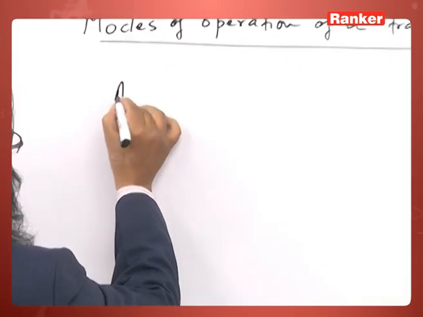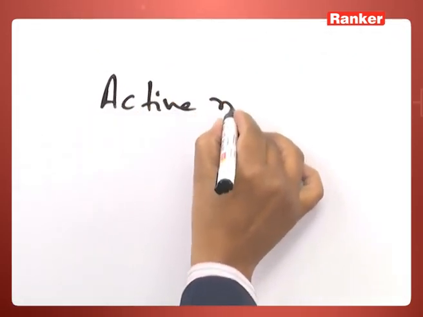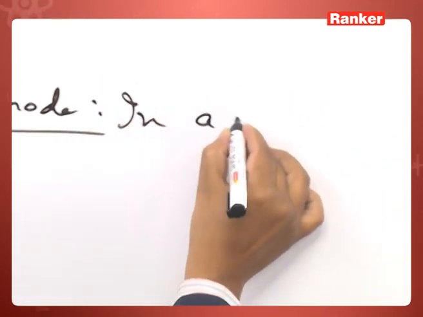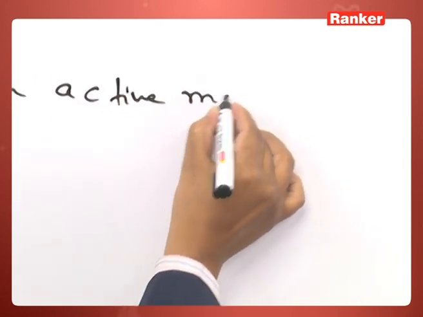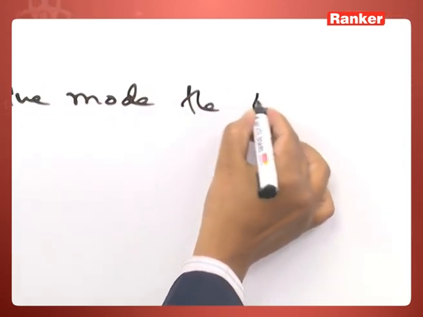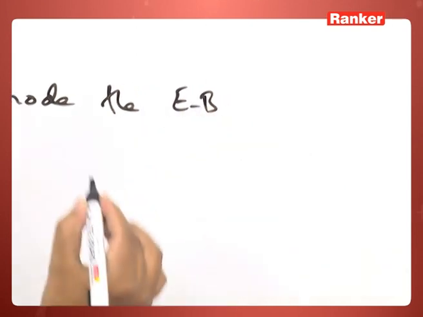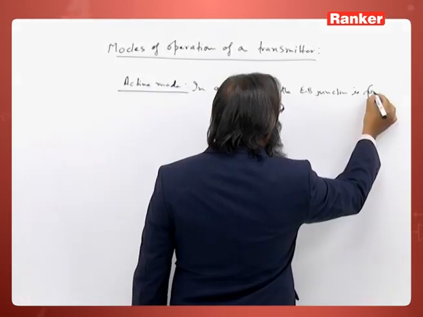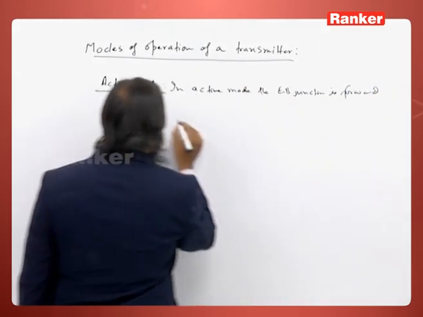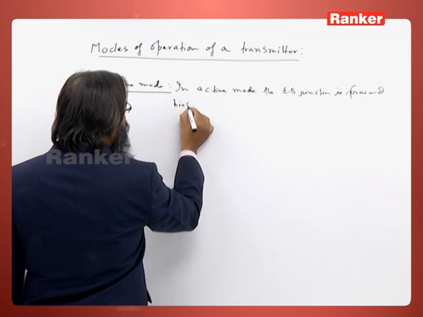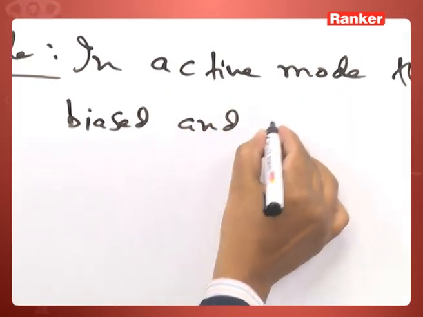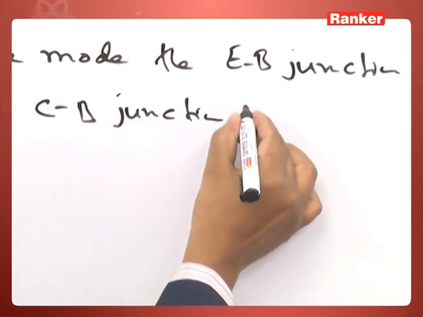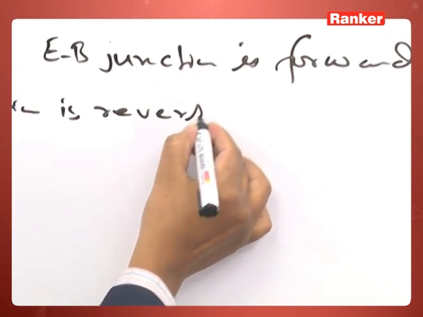Now, let us come to active mode. What is active mode? In active mode, the emitter base junction is forward biased and collector base junction is reverse biased.